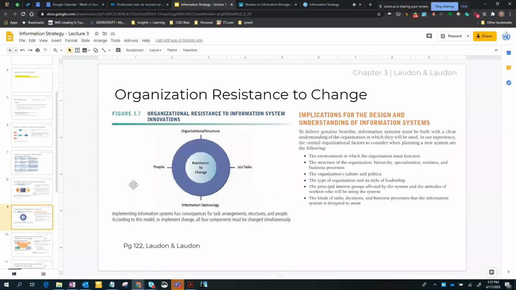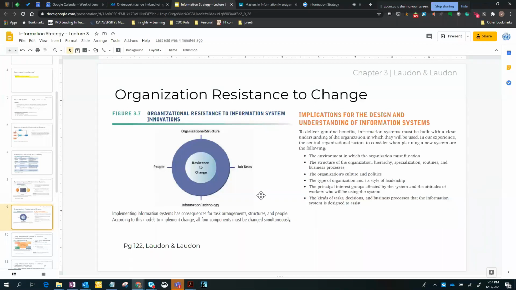The next slide is a bit about organizational resistance to change. We all are a little bit resistant to change. Of course, we would like to embrace things that help us, and probably not want to do things that increase work for us or don't help us much.